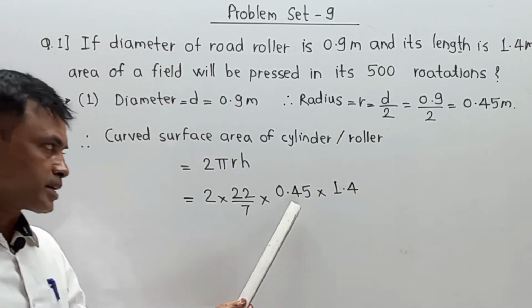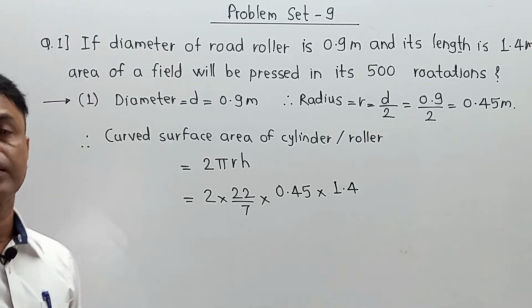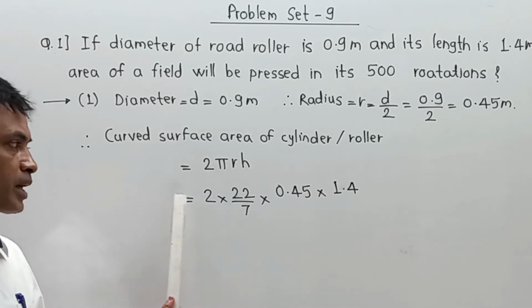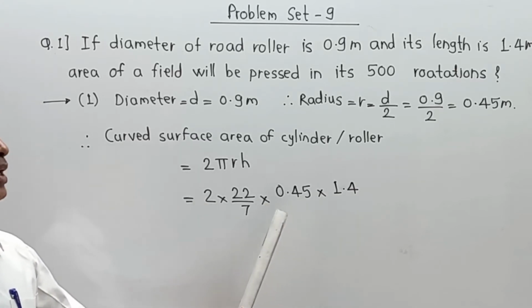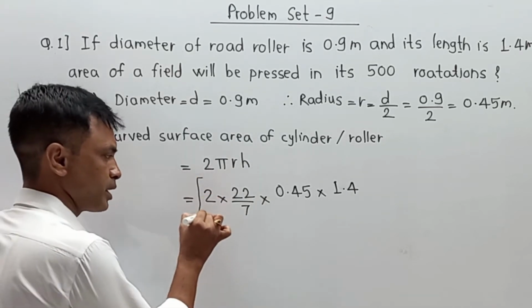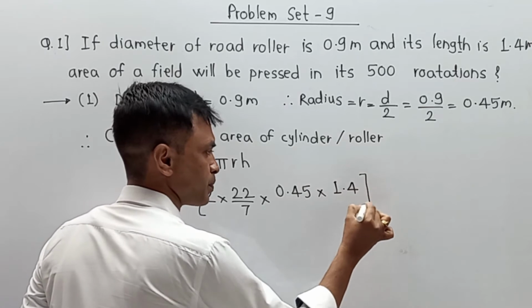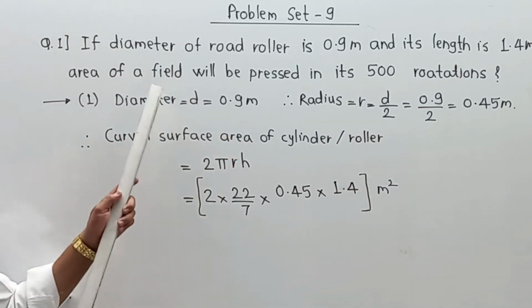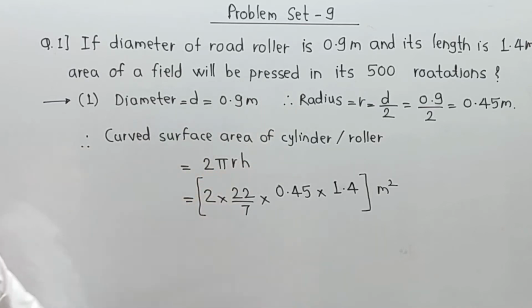Naturally this part is meter into meter, automatically it becomes square meter. So this is the first step over here. Now if you want to simplify it, no problem, but again we have to consider this part for 500 revolutions. So instead of solving it, I am going to keep this value as usual in terms of square meter, and then the area pressed in its 500 revolutions.